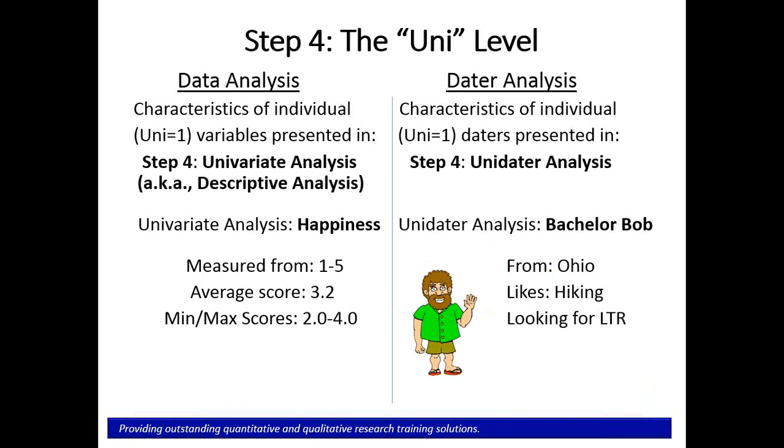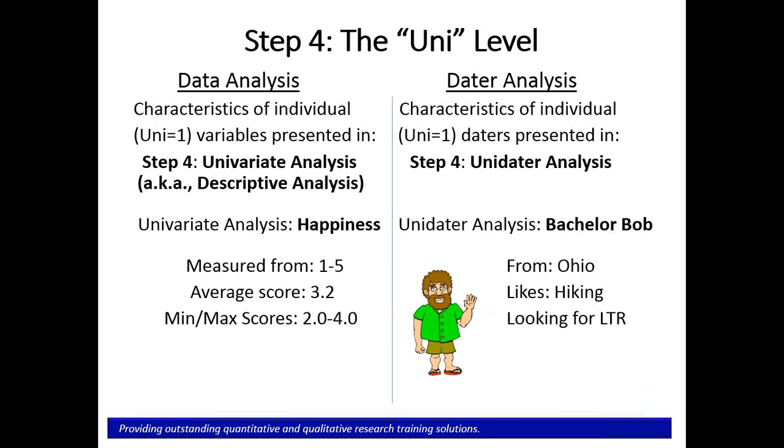Recall, just like last week, step 4 in our parallel between data and data analysis is the uni level, uni meaning 1. So uni data analysis is the study of one data, or specifically the characteristics of one data. If you've ever watched shows like The Bachelorette, that's what the first shows are concerned with, right?